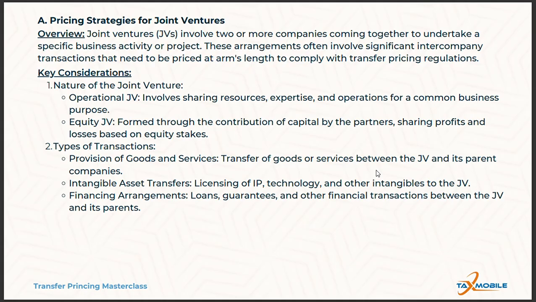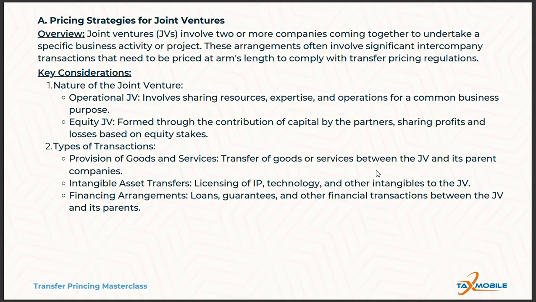Now there are two main types of JVs to consider. We have the operational joint venture. These are partnerships where resources, expertise, and operations are shared for a common business purpose. Each party typically contributes know-how, technology, or products and shares in the outcomes.